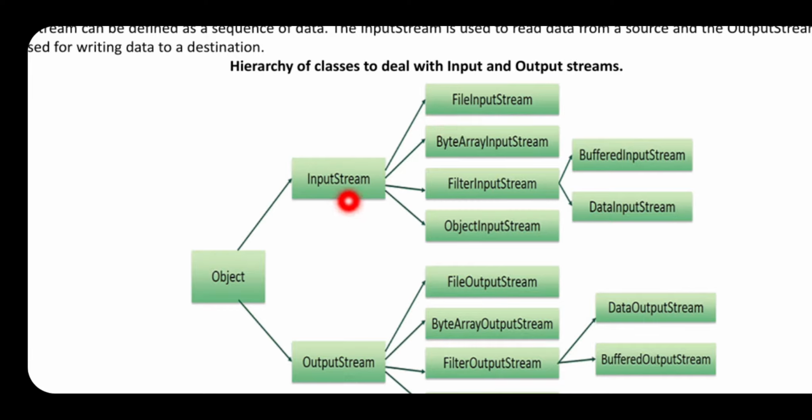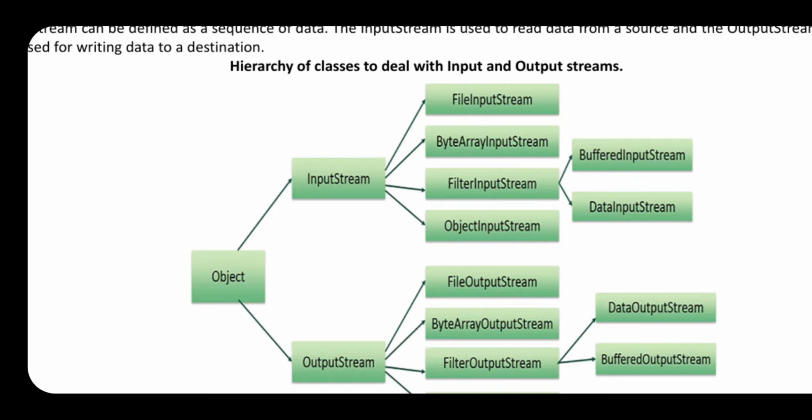Input streams. A stream, as I said, is a bucket or a storage space to take the information through the standard input device and store it, whether it is a file, a byte array, a filter, or an object. Whenever you create an object for a particular class, it is going to store the information.